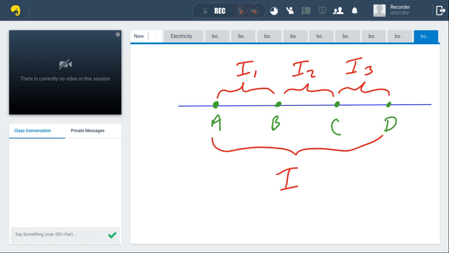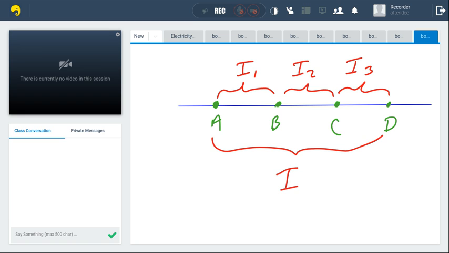I'm saying, okay, again, between those 4 points, I have my currents. So that's I1, I2, I3. And then across the whole thing from A to D, I have one overall current I.